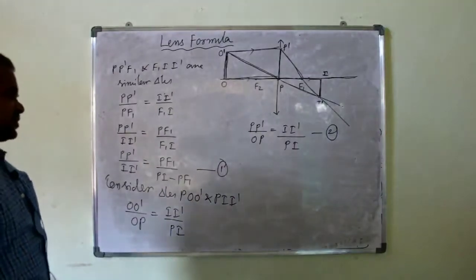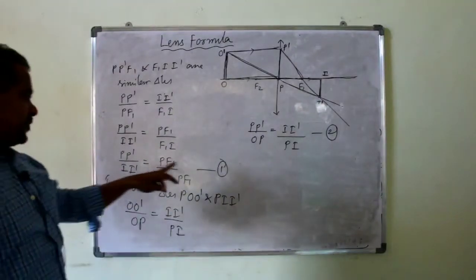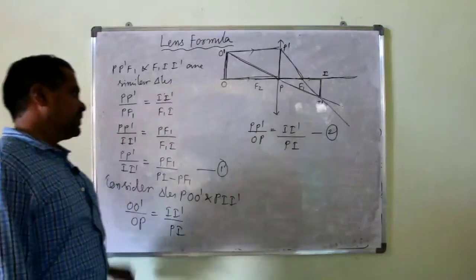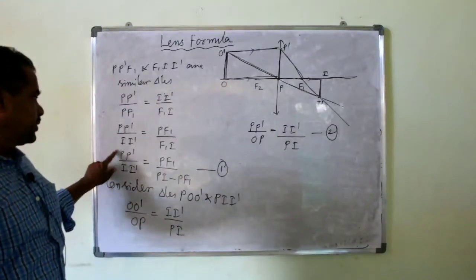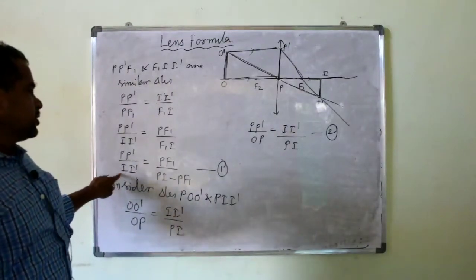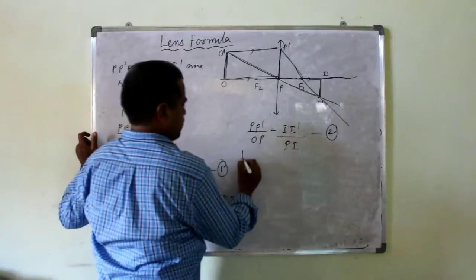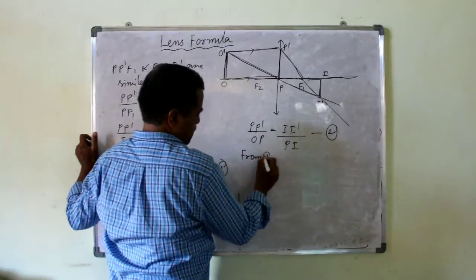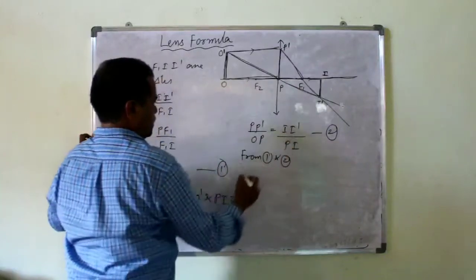So consider the first equation and equation 2. In both equations we get the same left hand side, PP' by I'. So equate these two equations, 1 and 2.